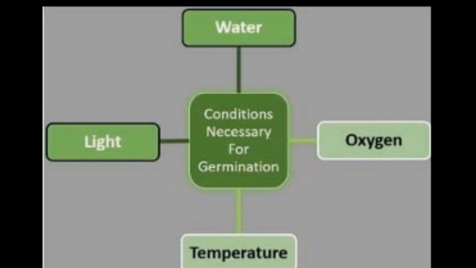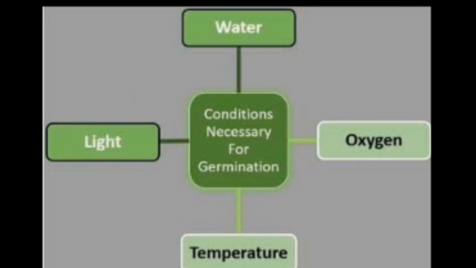These are the four different conditions which are required to grow a seed. If these conditions are fulfilled, a seed grows into a seedling.